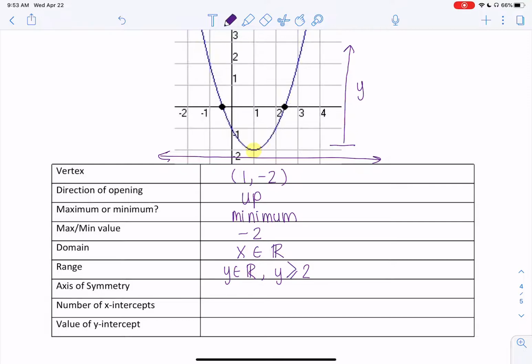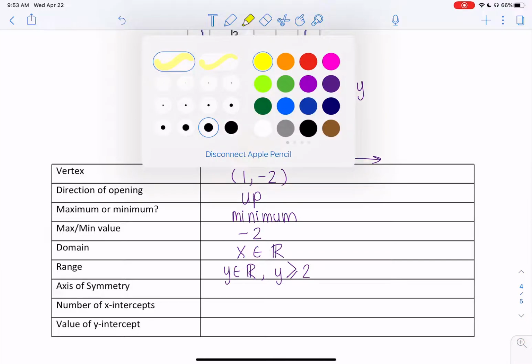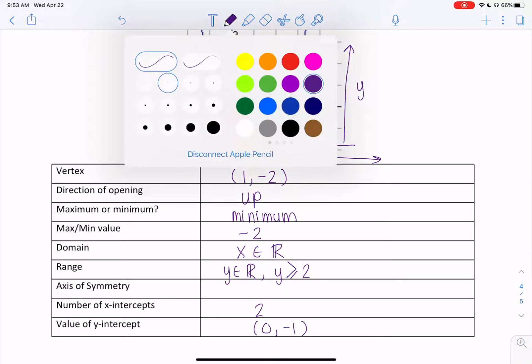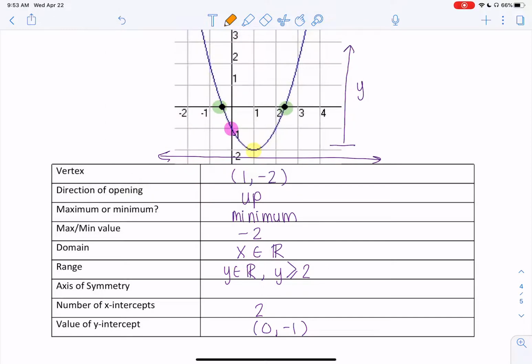Now if I look, my number of x-intercepts, it crosses my x-axis twice. So I just write 2 here. And my value of my y-intercept, so I look for that. And that's right there at 0, -1. Now the last one we have to do is our axis of symmetry.